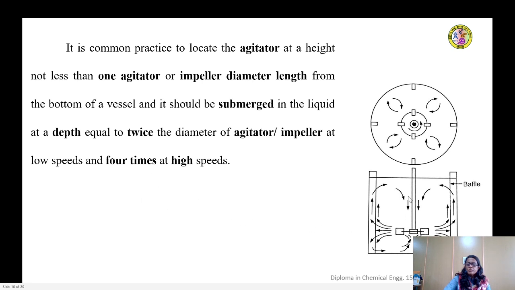If it is to be used for a lesser speed, then the turbine is located at a depth twice the diameter of the agitator or impeller, and at low speeds it will be 4 times at high speeds. These are the things that are used to locate or position an impeller in an agitated vessel.